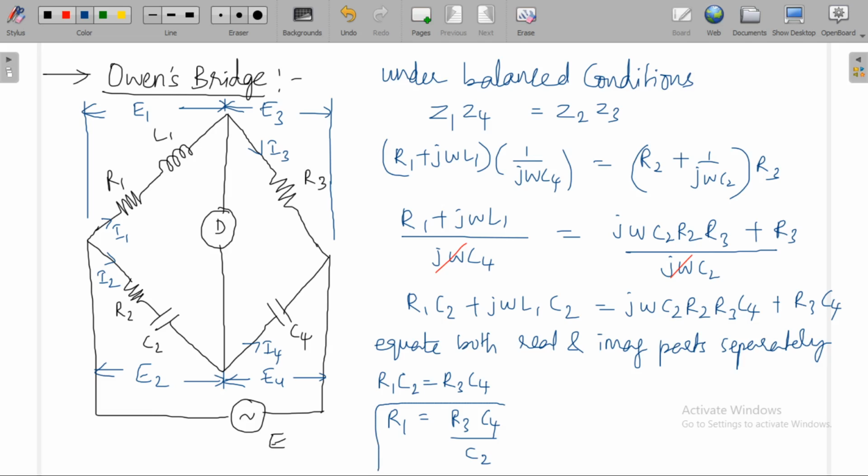This is R1. By comparing imaginary parts, L1 C2 is equal to C2 R2 R3 C4. Then L1 is equal to R2 R3 C4.